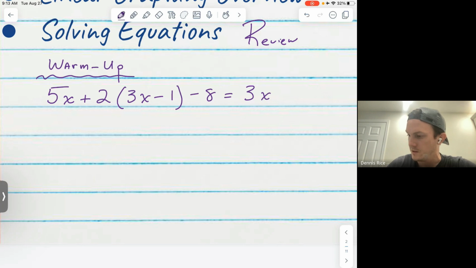Not going to make it too crazy. Okay, that's good enough, I think. So copy that one down. We'll say solve this. We called this last week variables on both sides.